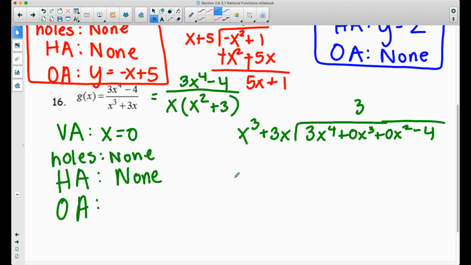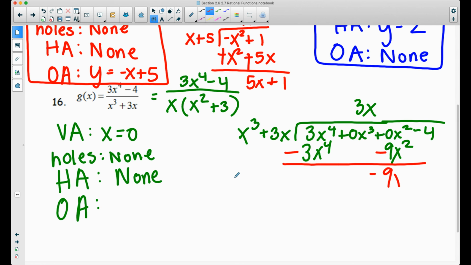So we have 3x, gets us 3x to the 4th, and 9x squared. Draw our line, change our signs. We get negative 9x squared. Is there anything we can multiply x cubed by to get negative 9x squared? So y equals 3x.